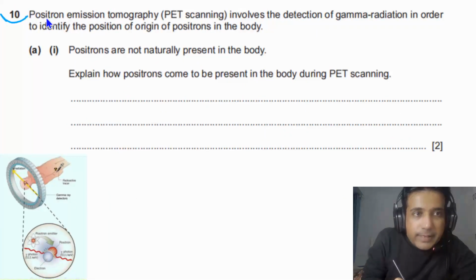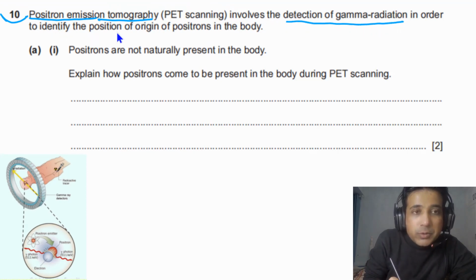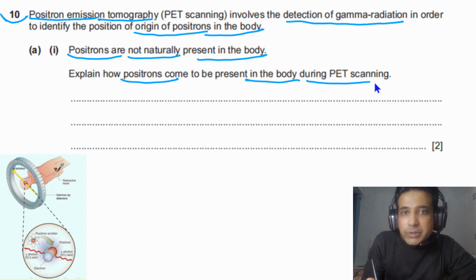For question number 10, it is given to us that positron emission tomography involves the detection of gamma radiation in order to identify the position of regions of positrons in the body. For part A1, positrons are not naturally present in the body. We need to explain how positrons come to be present in the body during PET scanning.